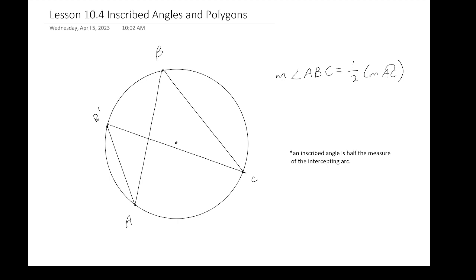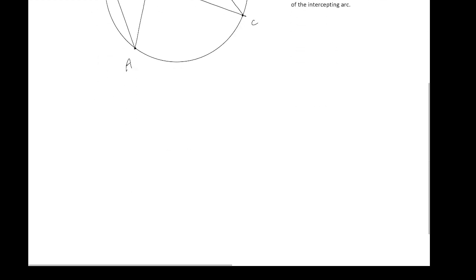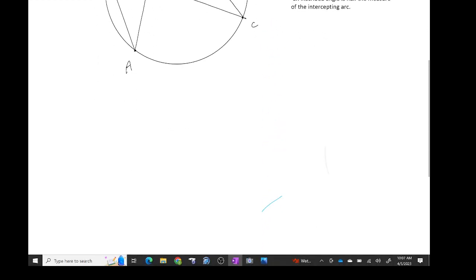Believe it or not, these angles ABC and AB prime C are congruent because they have to be. They're still inscribed angles and they share the same intercepting arc. So no matter where it opens to, this angle back here is going to have the same angle measurement, half of the arc.